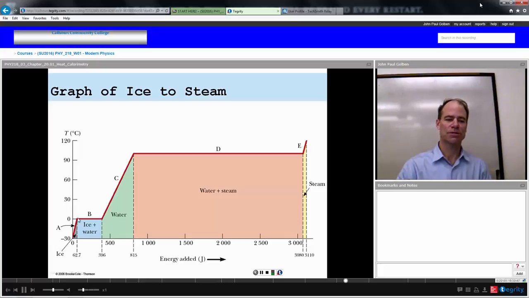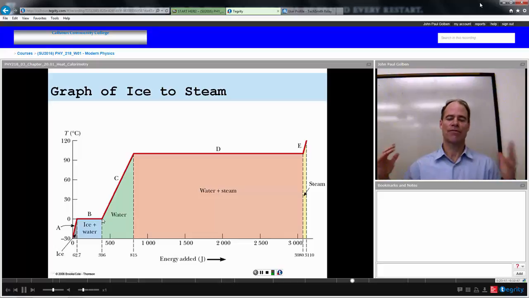I heat that up to 0 degrees Celsius, and then I need to go through a phase change. So it will maintain itself at 0 degrees Celsius as we start melting the ice into liquid water, and that requires a latent heat of fusion. So we go through the phase change, all taking place at a constant temperature of 0 degrees Celsius.